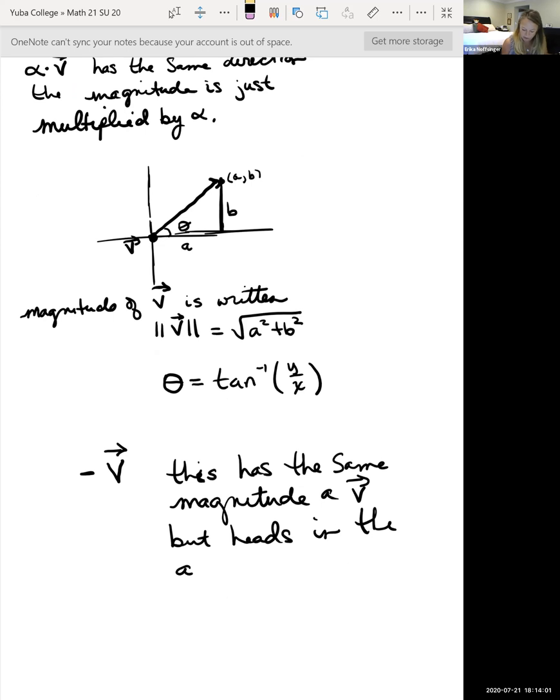So kind of like when we were talking about polar coordinates, when we had r and theta, if r was negative, it had the opposite direction than what theta was. So it has the opposite direction.